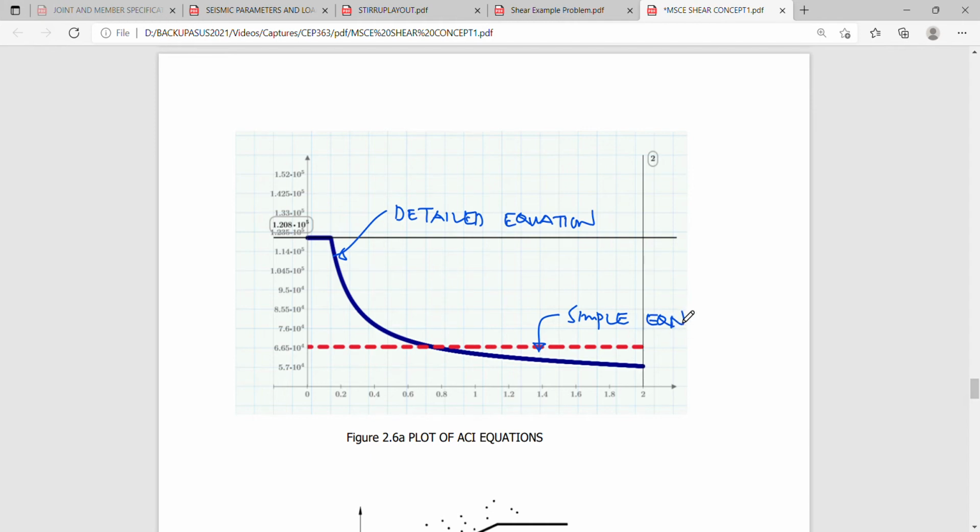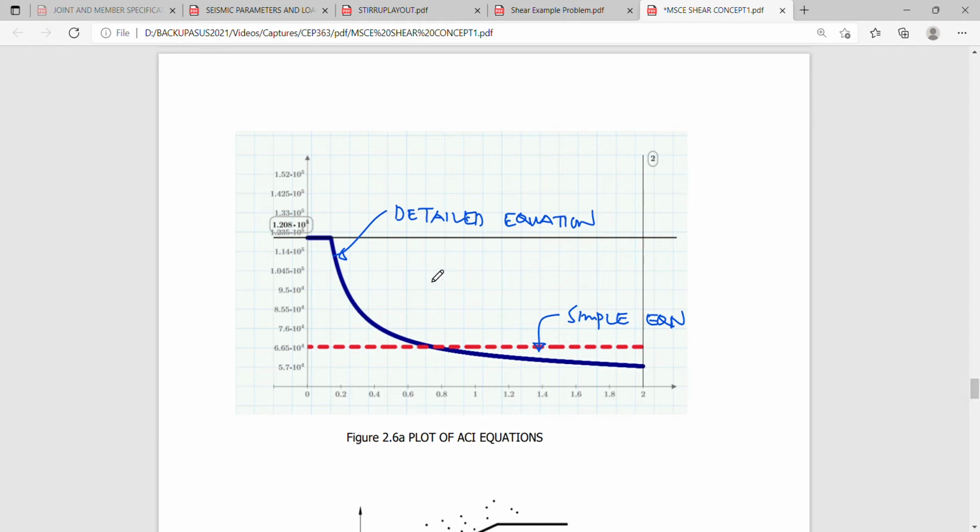The simple equation is only a straight line, while the detailed equation is composed of a flat line and then a nonlinear graph.